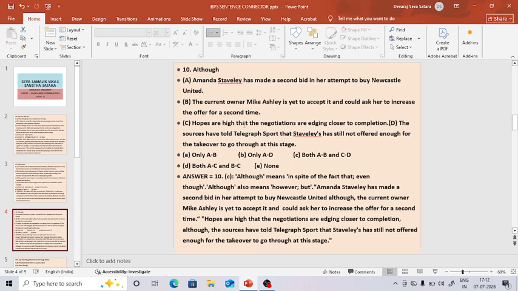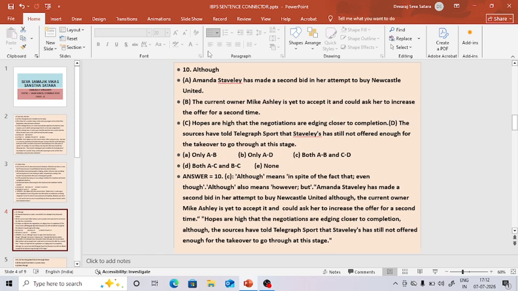Hopes are high that negotiations are edging closer to completion. The sources have told Telegraph Sport that Staveley has still not offered enough for the takeover to go through at this stage. Now, these sentences we have to join with "although".